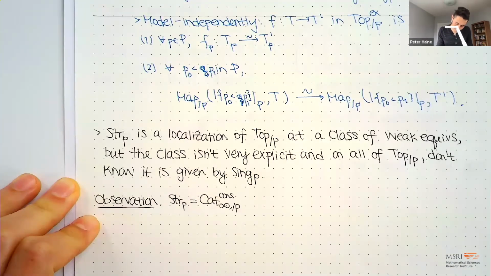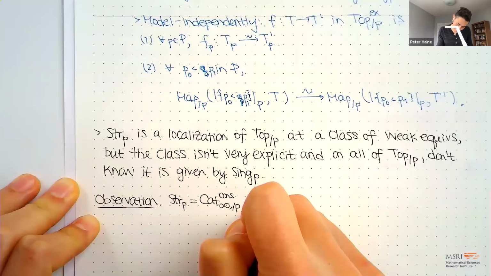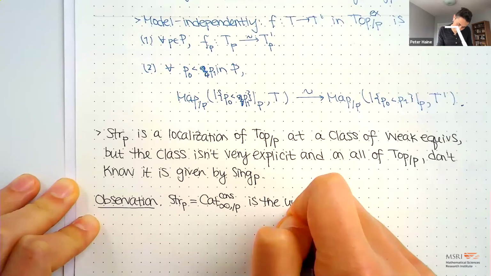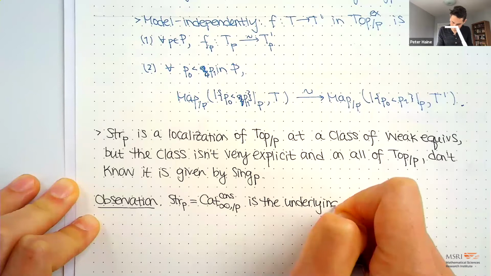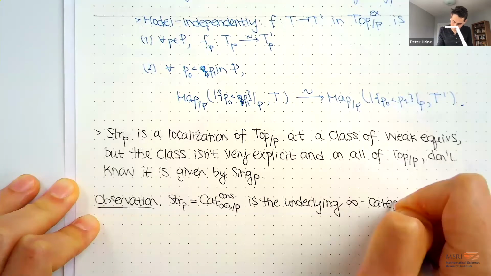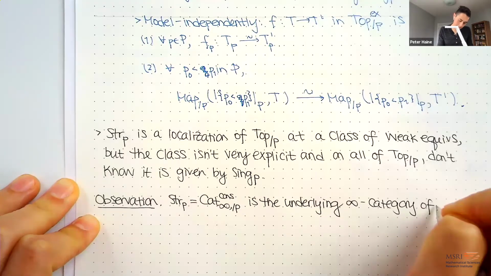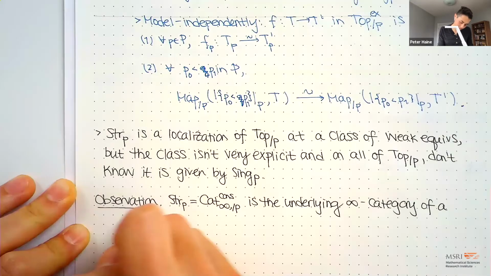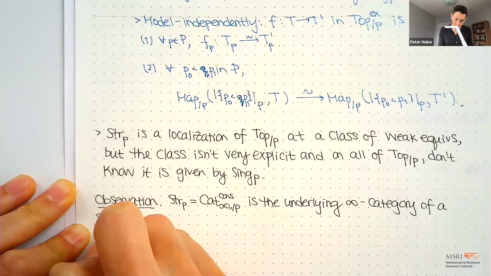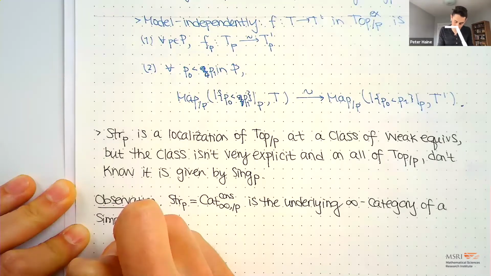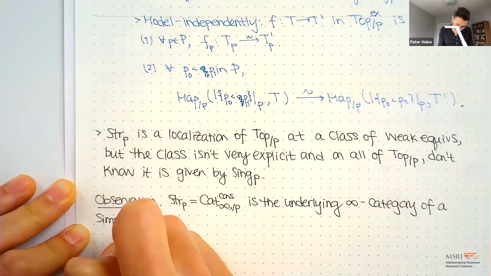This is the underlying infinity category of a, actually simplicial, this part's not so obvious, but it is true, model category.